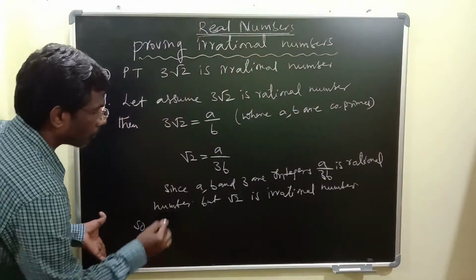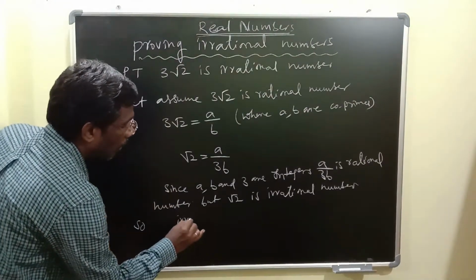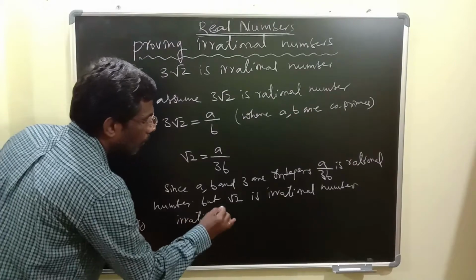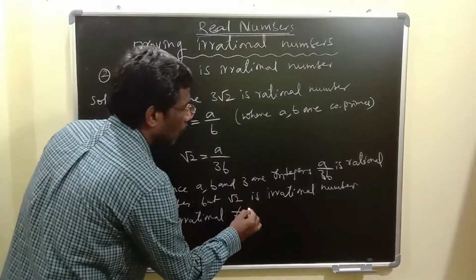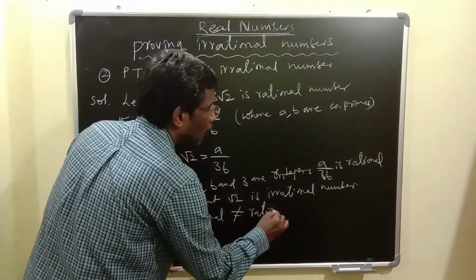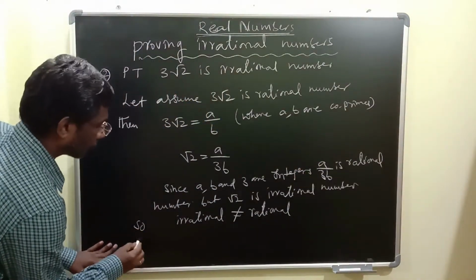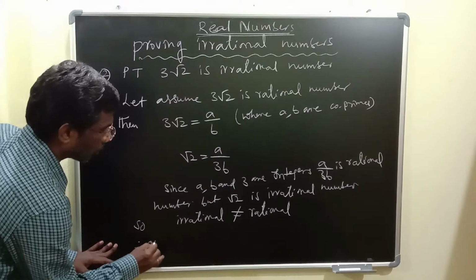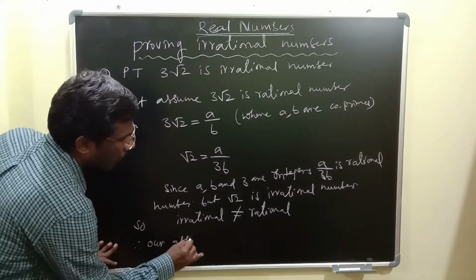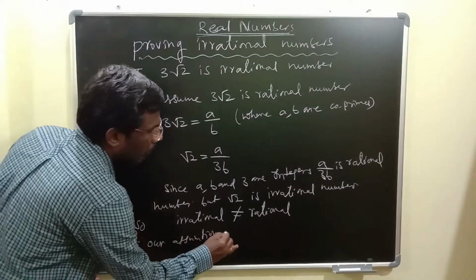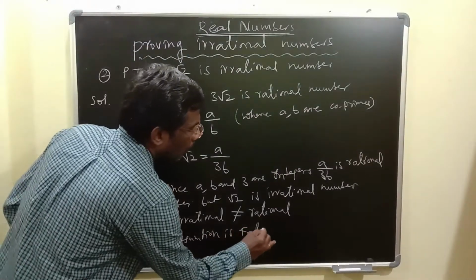So irrational is not equal to rational number. Therefore, our assumption is false.